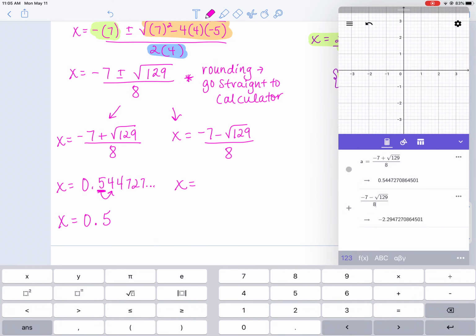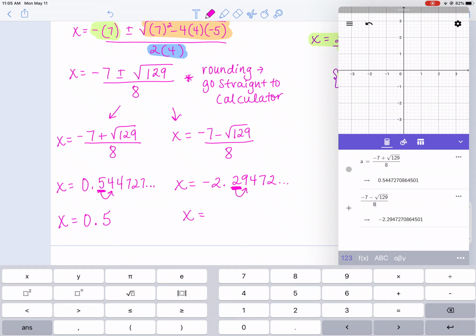There's my other number. So notice they don't have to be the exact same number, one plus, one minus. This happens to be -2.29472 dot dot dot. Okay, so if I'm rounding once again to the nearest tenth, this is the number in the tenths place. Look at the number to the right, it's a 9.